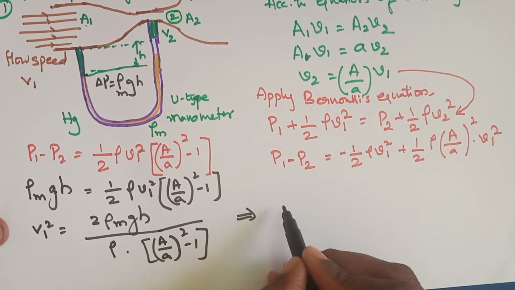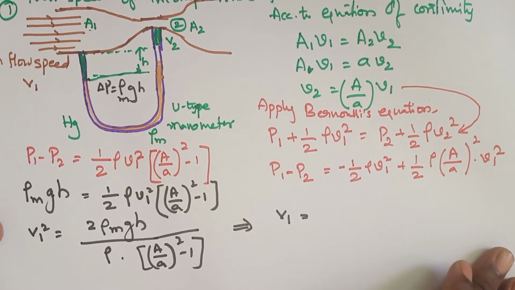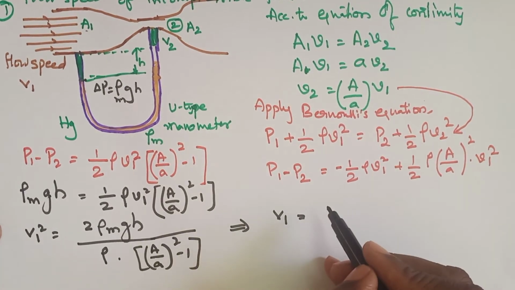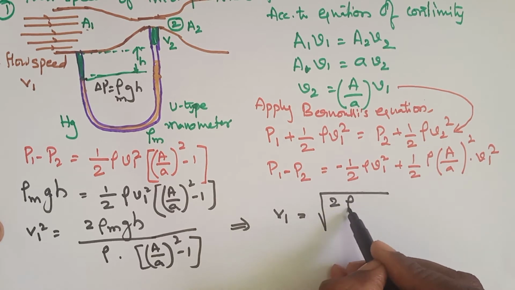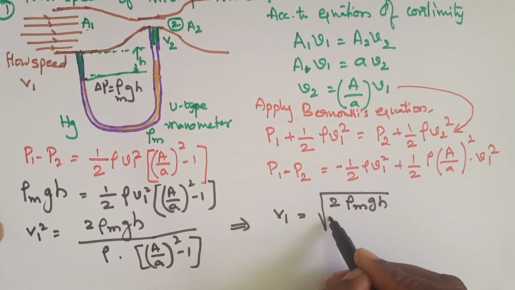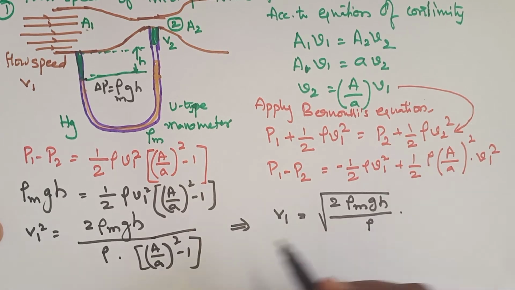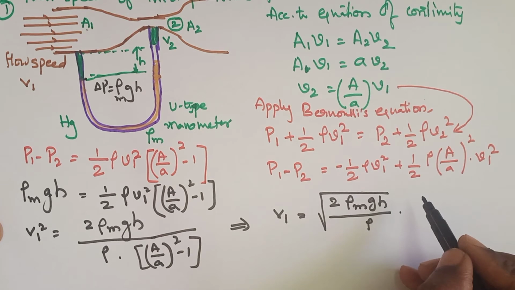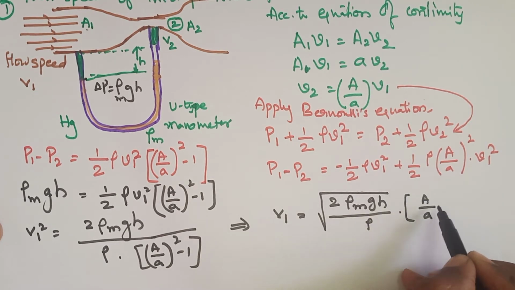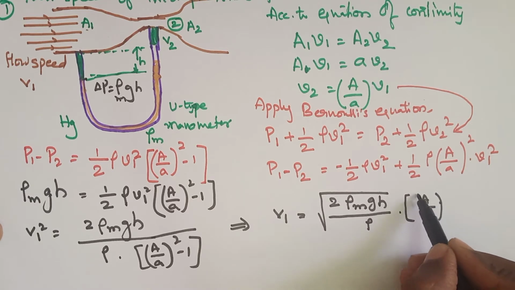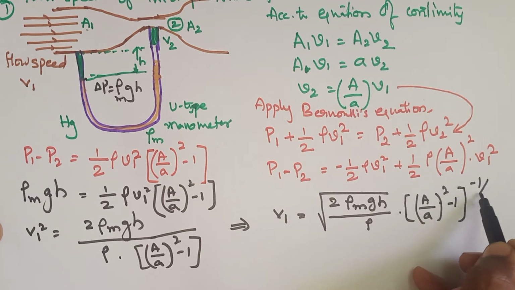So from this V1 is equal to under root of 2 rho m g h by rho into, bring that side and apply root, A by a whole square minus 1, power 1 by 2.